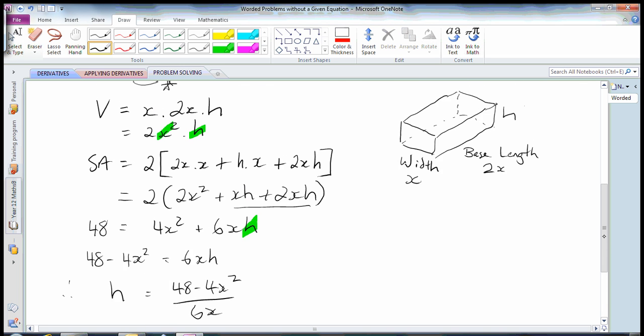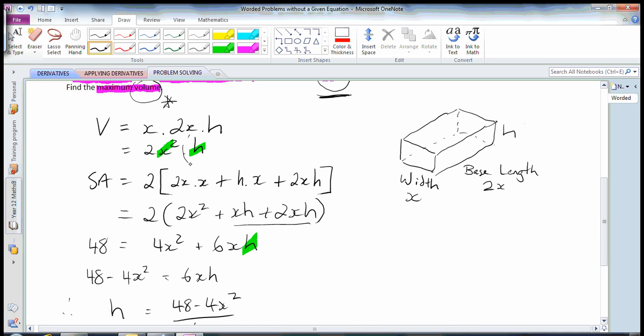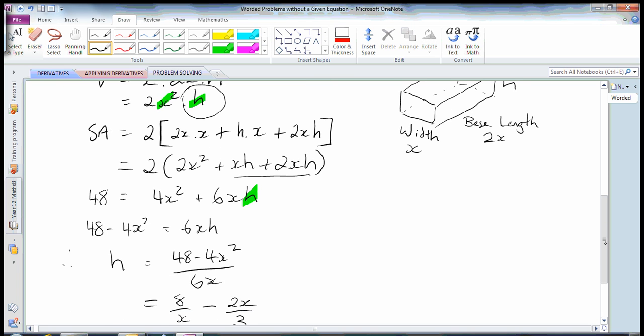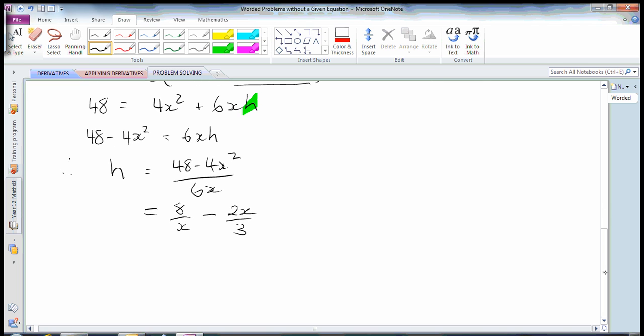Now we can put that back into our expression for volume. So instead of writing an h there, we're going to use this expression that we've developed. So let me just rewrite the volume expression that we came up with originally.